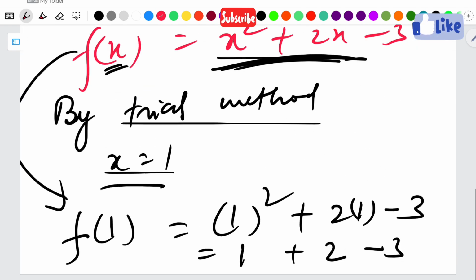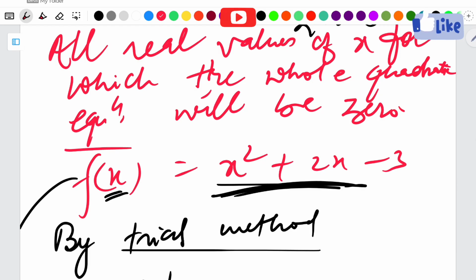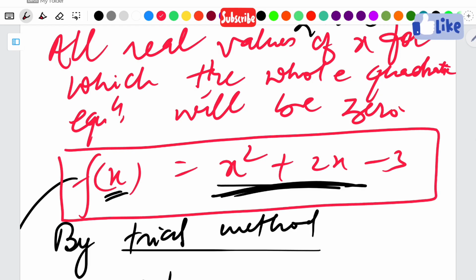Because the highest power of the variable is 2, so there will be only 2 possible real values of x for which this quadratic polynomial will become 0. You can take a whole day, whole weeks, whole months, or even a whole year. You cannot find other real values of x for which this quadratic equation will become 0.